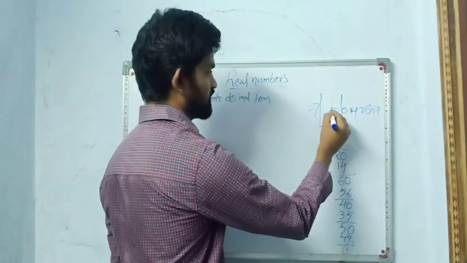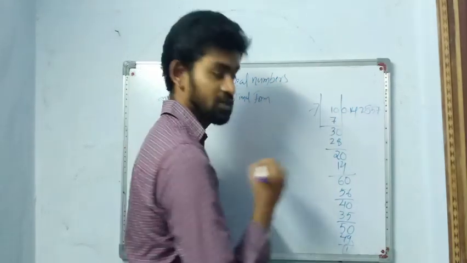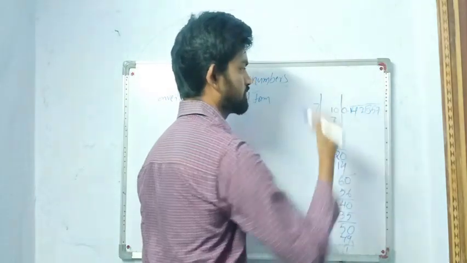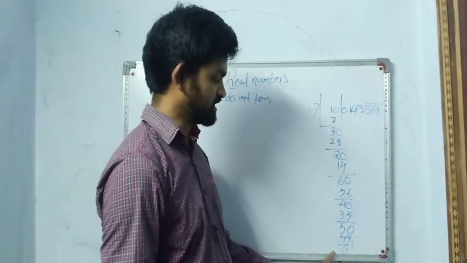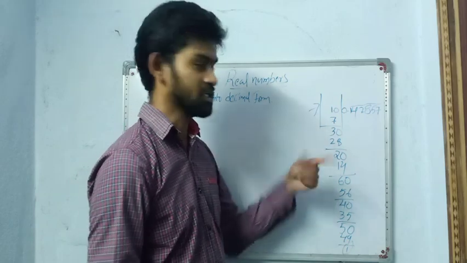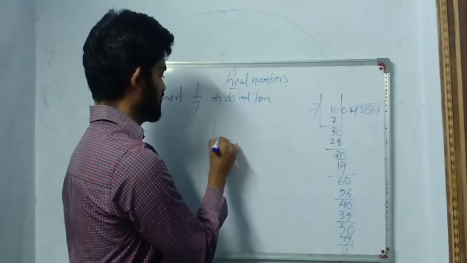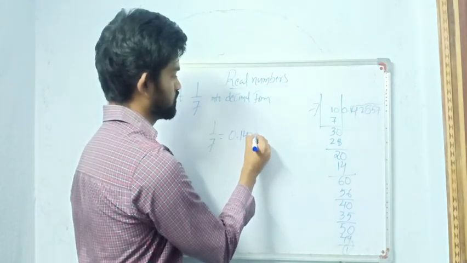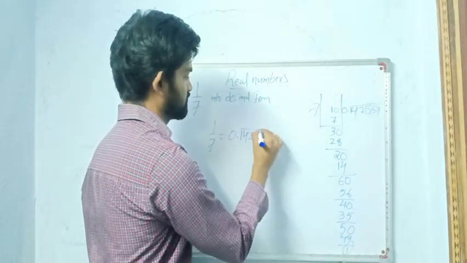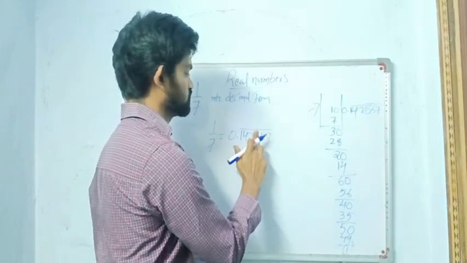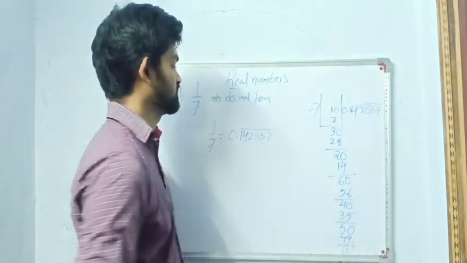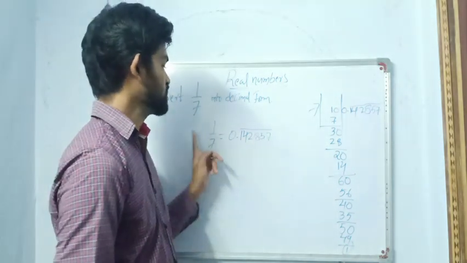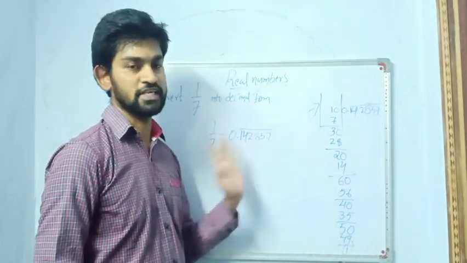See, we started at 1, and again we reached 1, so all these numbers will be repeating. So the value of 1 by 7 is 0.142857, and these numbers will be repeating. This is how to convert a rational number into decimal form.